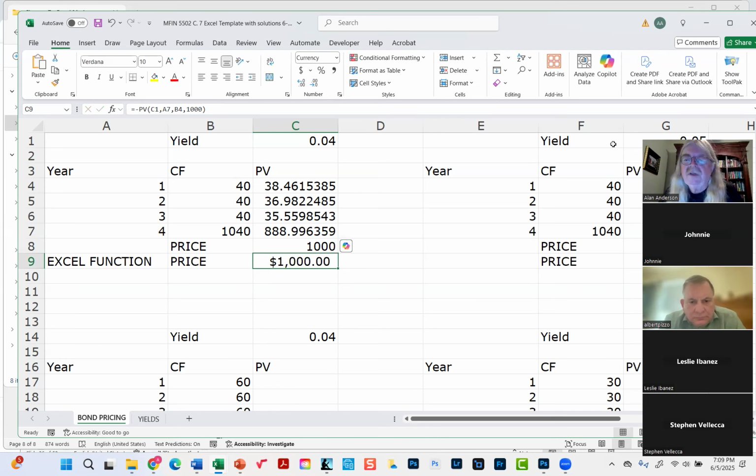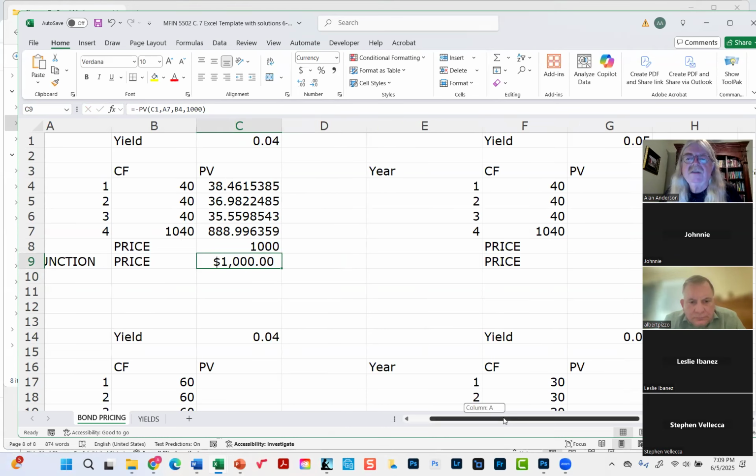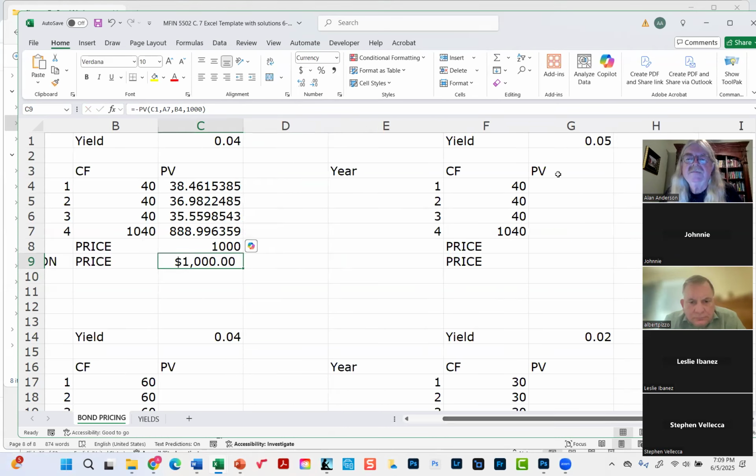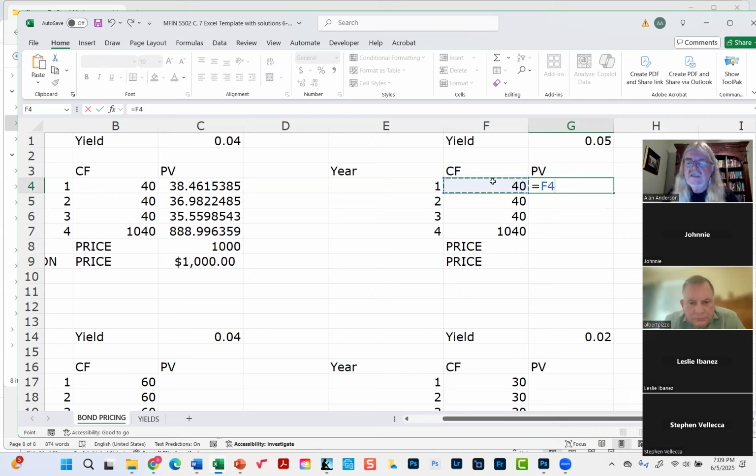Now, let's come over here and see what happens if I raise the yield to 5%. Well, the present value formula is the same. It's the cash flow divided by 1 plus the yield, which I need dollar signs to prevent it from changing. The exponent is the year in which I received the cash flows.